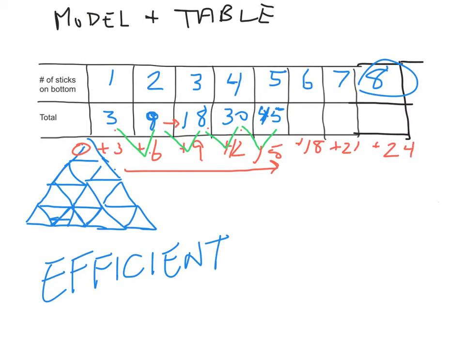And one of the cool things I can see here is that in each one of these cases, if I multiply 3 by this number at top, it's going to give me what I add to the bottom.